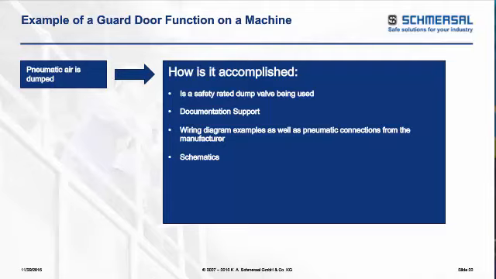When you restrict the flow, you could potentially trap pressure and get a slower dissipation of air, so that when somebody opens up that door, you may still pose a hazard because you're not safely dumping the air from the machine, because of restriction of flow. You really need to pull the valve manufacturer's specifications. How do you properly wire it, as well as properly pipe it into your system to ensure a safe air dump? Or it could be hydraulics, if we're talking fluid power in general.